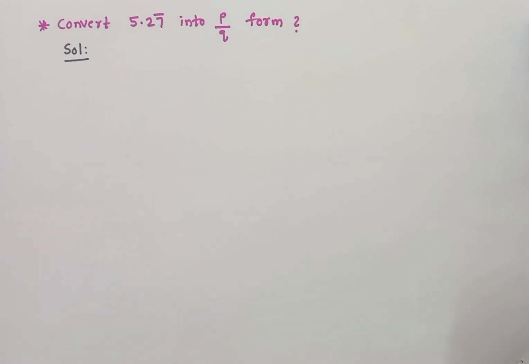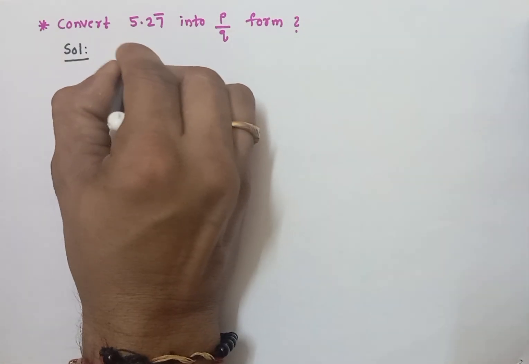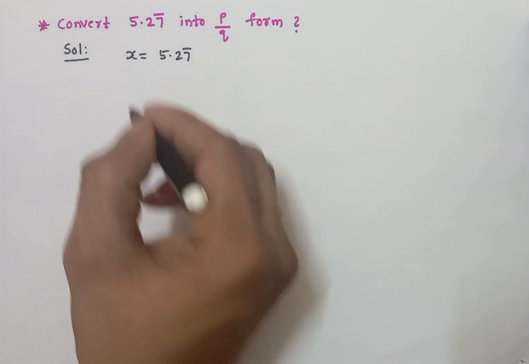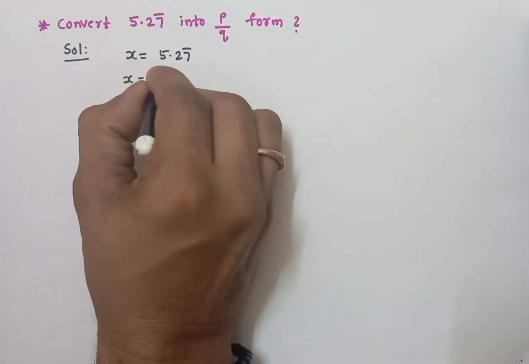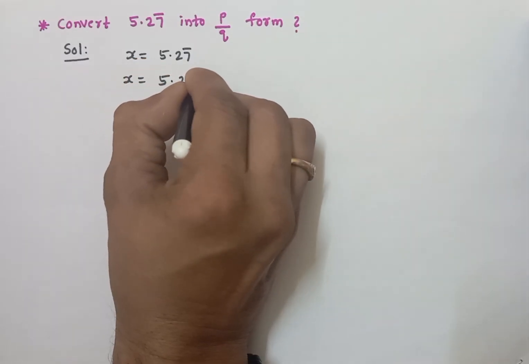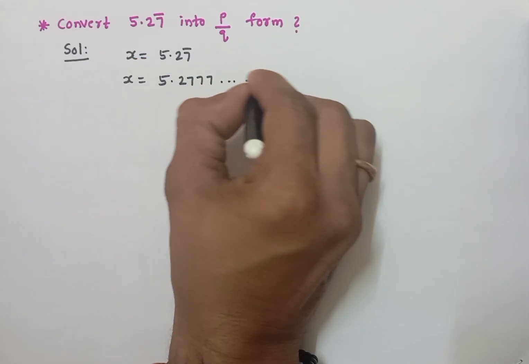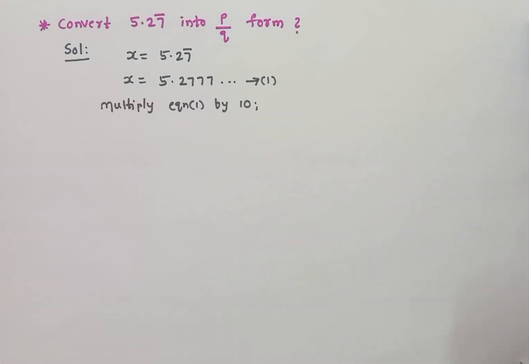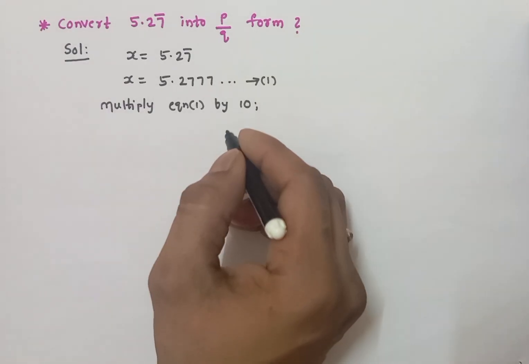So let us see the total process first. Same, assume it as x. The first step, that is 5.27, bar is there only for 7. So x will become 5.2777 and so on, make it equation 1. Next, since bar is there only for one digit, let's multiply with 10 only.